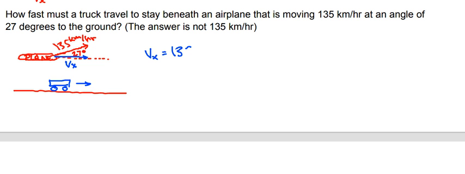So that would be 135 cosine 27. The car's velocity needs to be 135 cosine 27, 120.3, or just 120 kilometers per hour.